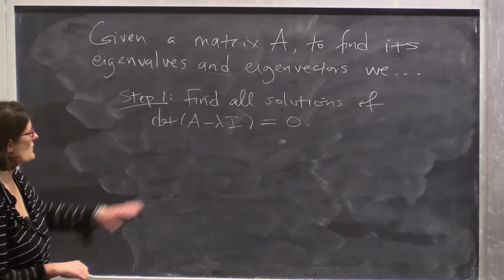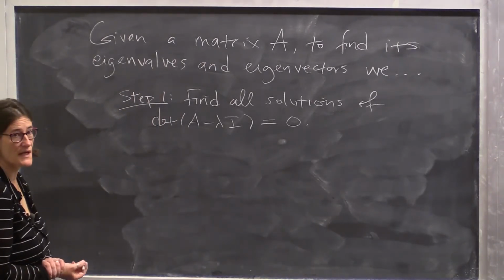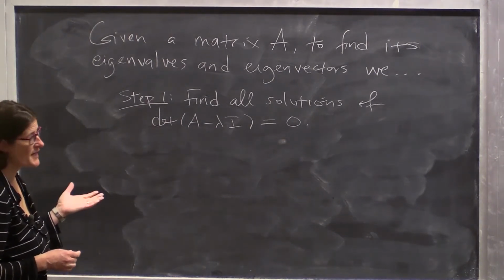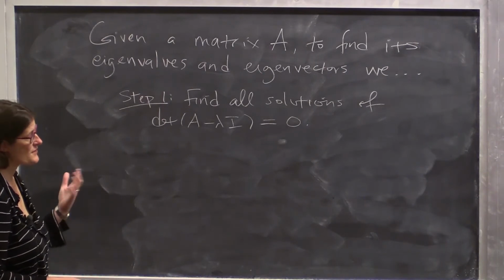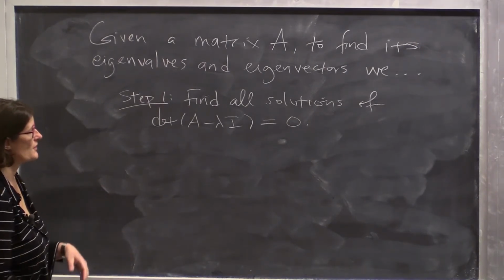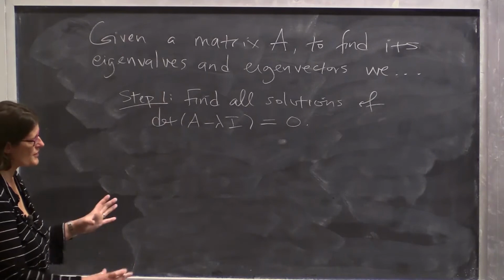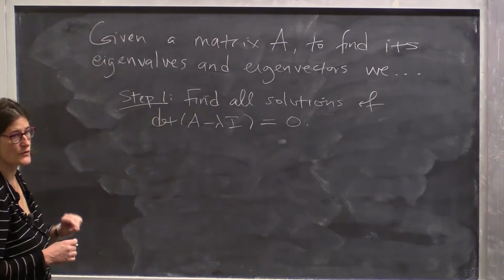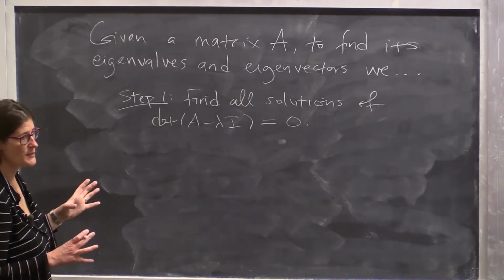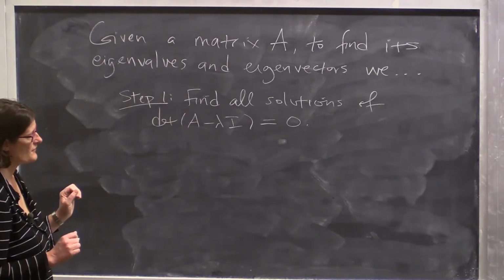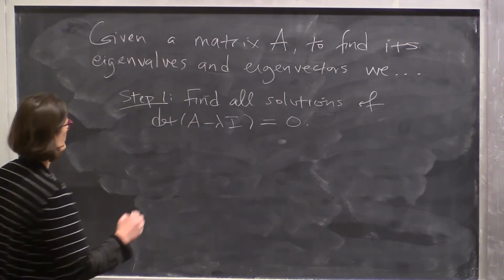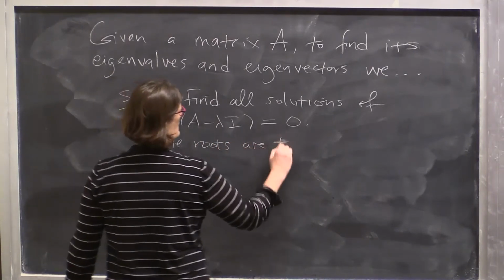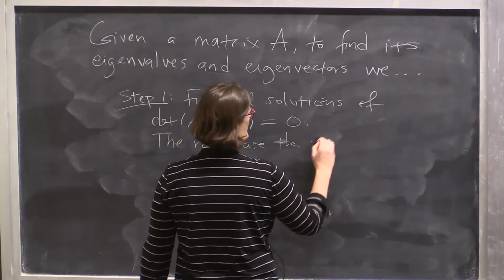So first we computed what the determinant of A minus lambda I was. This was some hideous polynomial. If A was a 2 by 2 matrix, it was a second degree polynomial. If A is a 3 by 3 matrix, it's a cubic polynomial. If A is a 4 by 4 matrix, it's a quartic polynomial. But one way or another, this thing is a polynomial. You seek its roots. If you have a 10th degree polynomial, it will have 10 roots. If you're lucky, you'll be able to find them. The roots are the eigenvalues.